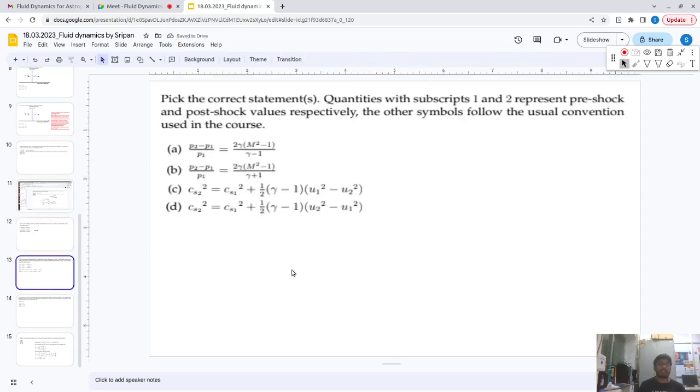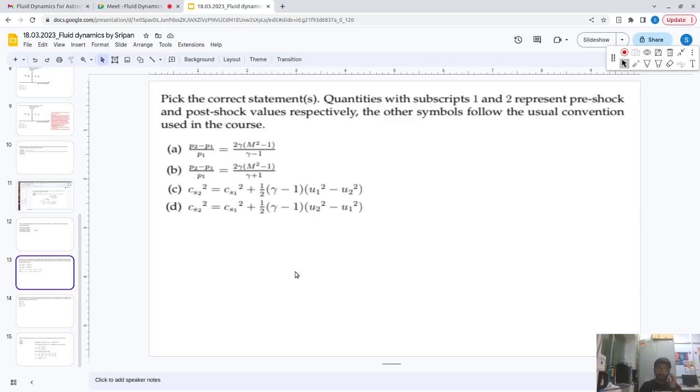Okay. Now the next question is, pick the correct statements. Quantities with subscript 1 and 2 represent the pre-shock and post-shock values respectively. The other symbols follow the usual convention used in the course.